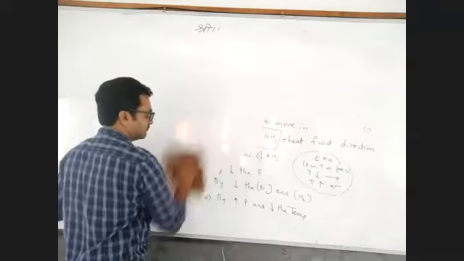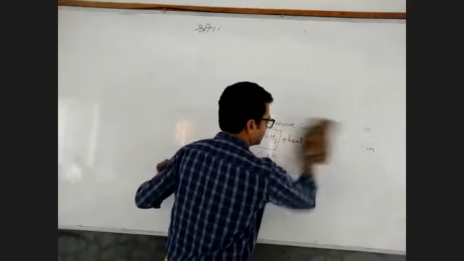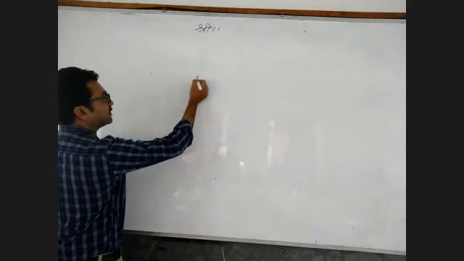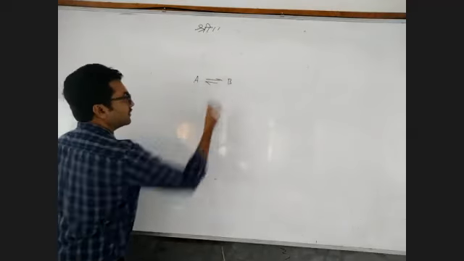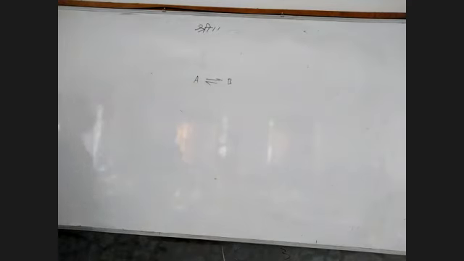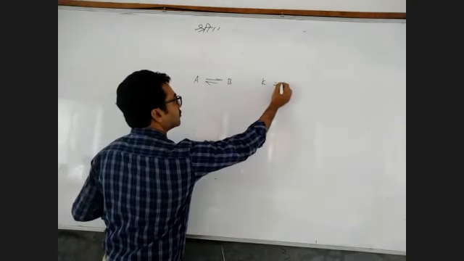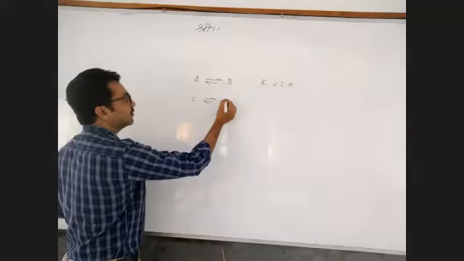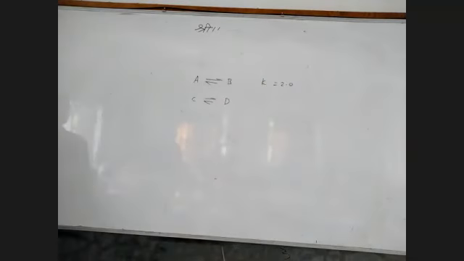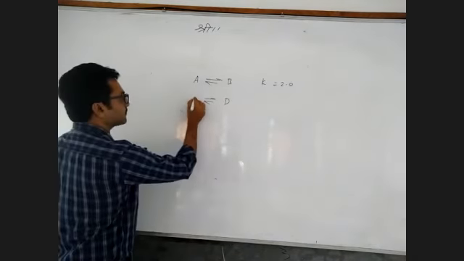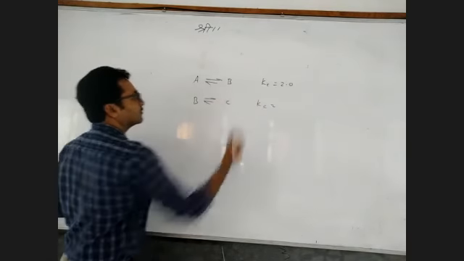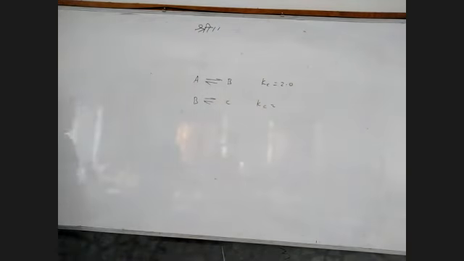Next one. A gives rise to B. Right, this type you see. This type 2 I will give you now. This also they are asking. A gives rise to B, equilibrium constant is 2.0. And B gives rise to C, equilibrium constant is 0.01.